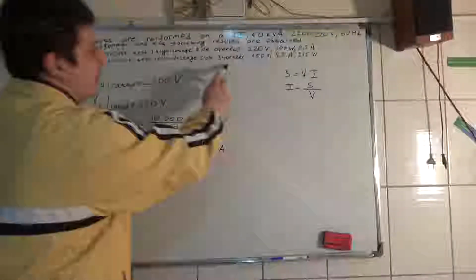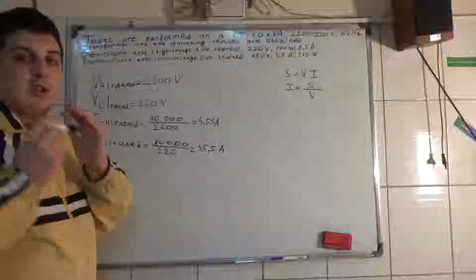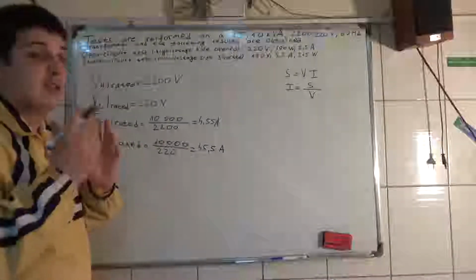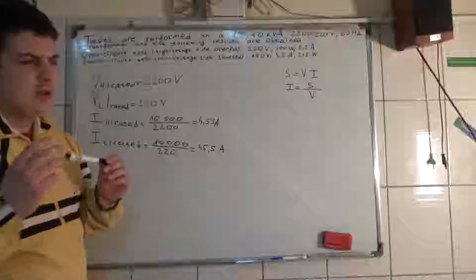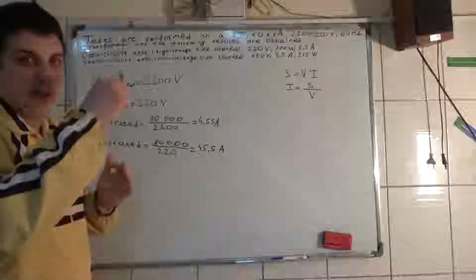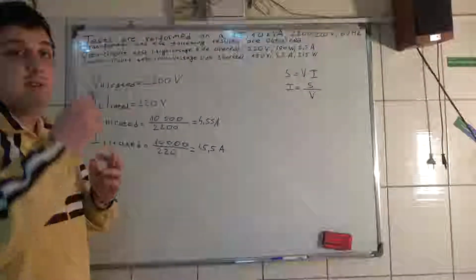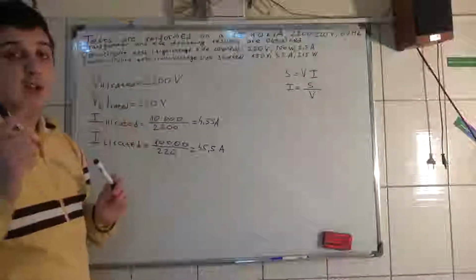And on the short circuit test, when you have a short circuit of the transformer, it draws a lot of current. There is a load, but its impedance is very, very small. So you have a short circuit, and that draws a lot of current.